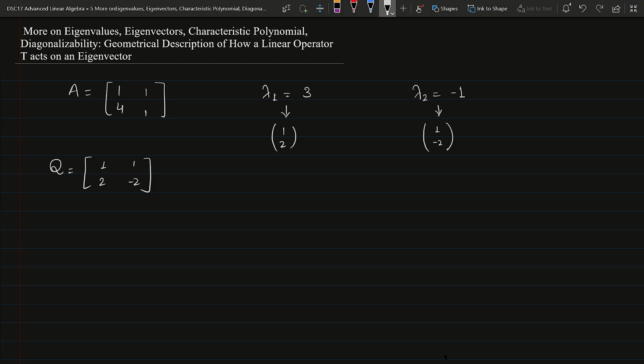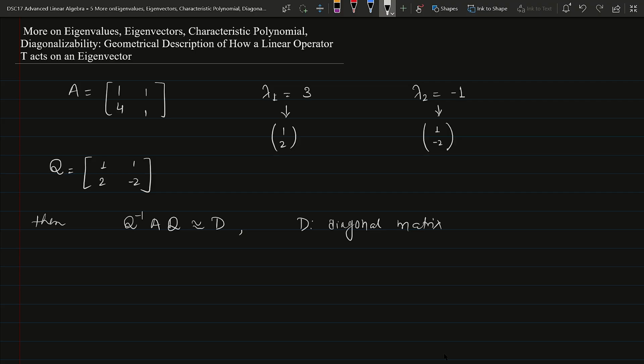Then using these eigenvectors, we are constructing a matrix Q containing the eigenvectors as its columns. Then in that scenario, Q inverse A Q is similar to a matrix D, where D is a diagonal matrix.